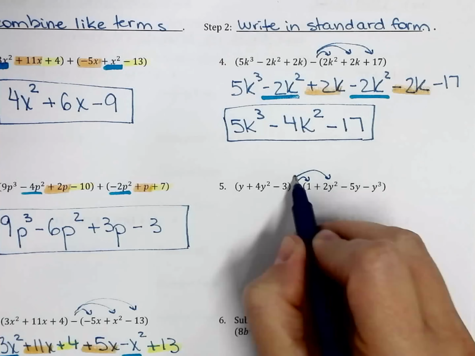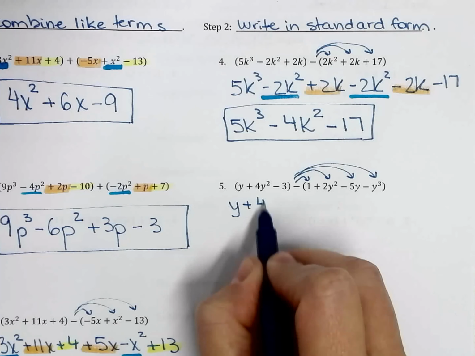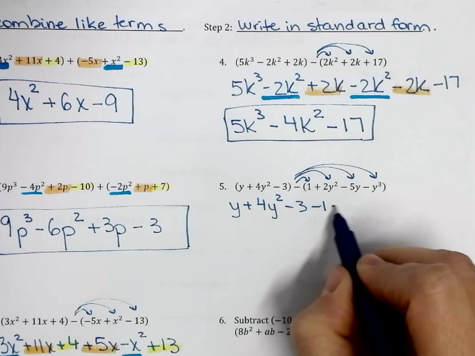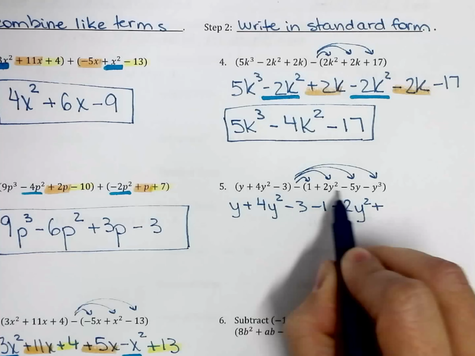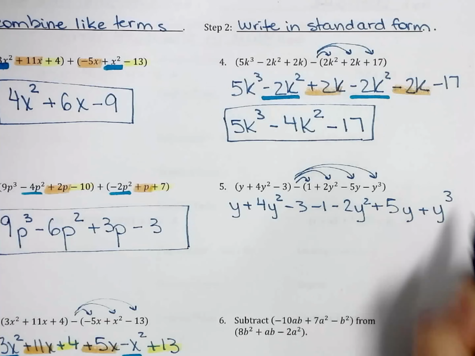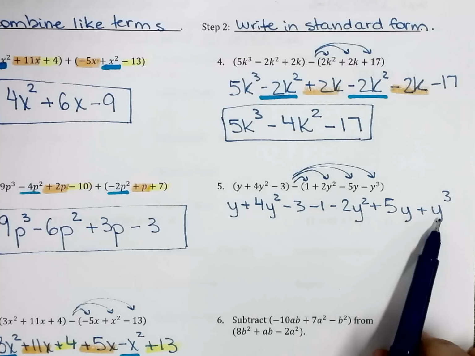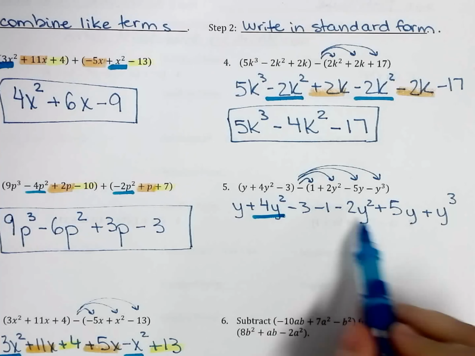Distribute the negative. So negative 1 minus 2y squared. 2 negatives make a positive right there, so plus 5y plus y cubed. This is the only y cubed, so I'm not grouping that with anybody. I have y squared.